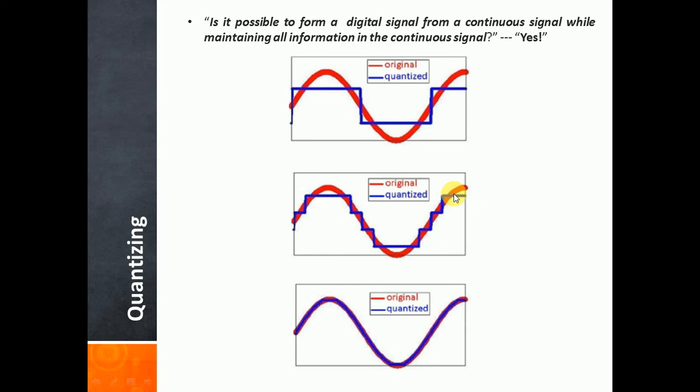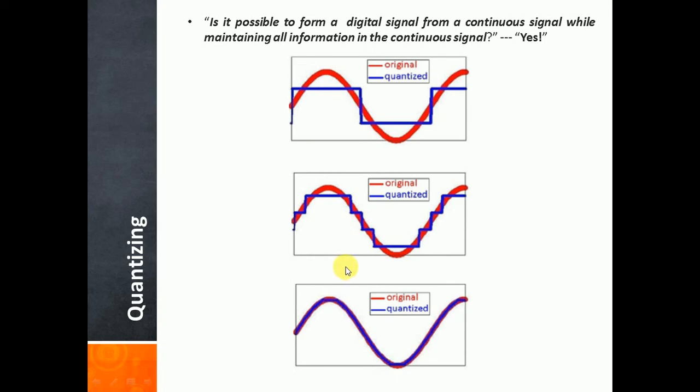Again, this is a better approximation than this. You can also increase the quantization. So this is a huge number of jumps, and obviously this will require a lot more bits to store the information. But you can technically reach the same level as that of the analog, although it is not advised.